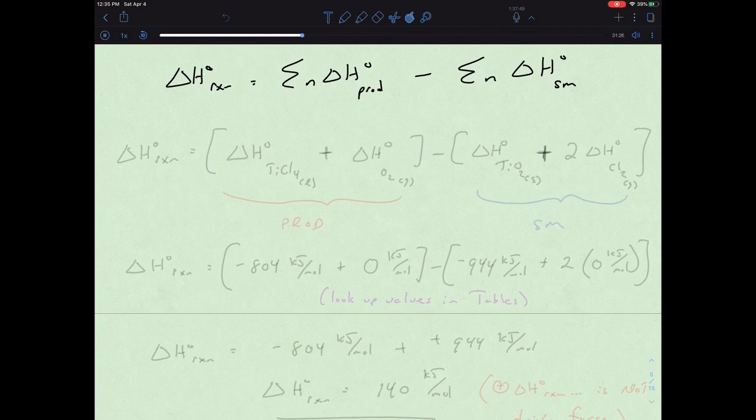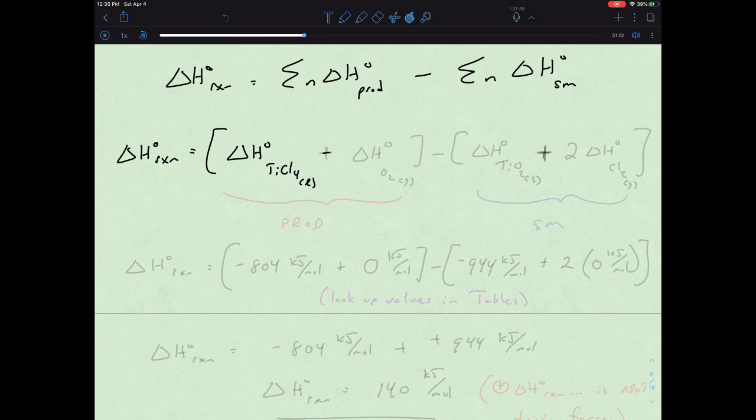In looking at our delta H of reaction, what are our products? We have the enthalpy of the titanium tetrachloride, and that's a liquid.